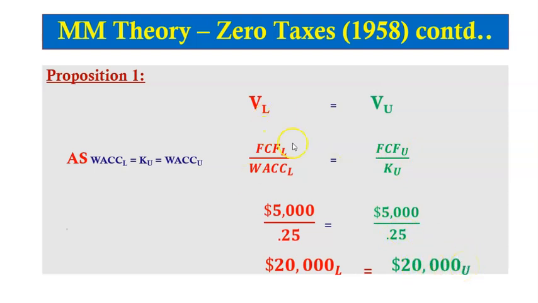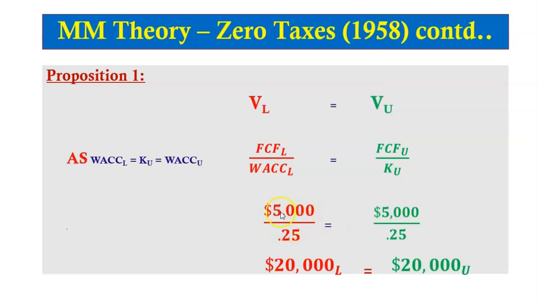However, for the unlevered firm we did not have the WACC. So now we have calculated the WACC of the levered firm and we have confirmed that it is 25%. So we know that the total cash flow, that is the free cash flow for the levered firm and the free cash flow for the unlevered firm, are the same from our previous slides.